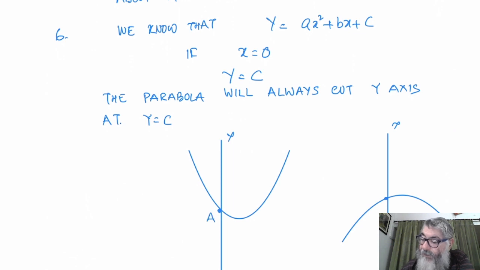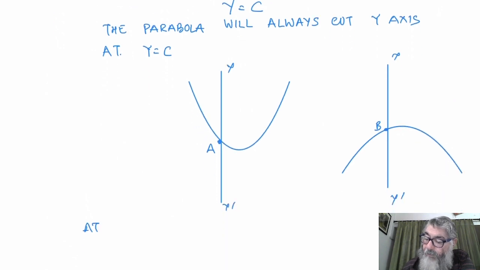Suppose it is A here and B here. At A and B, the value of the y coordinate will be c.